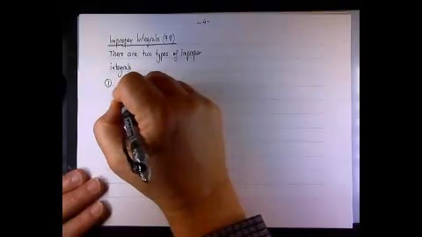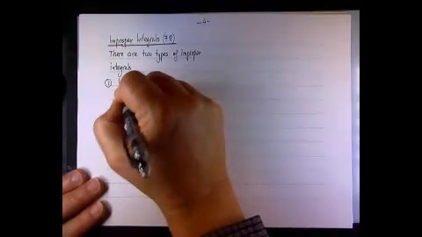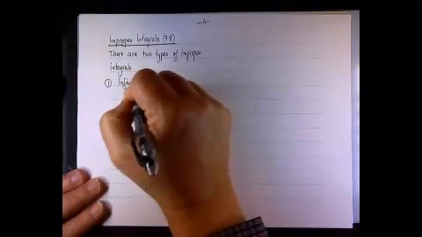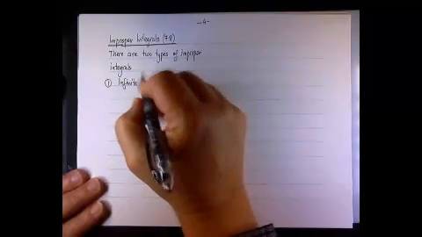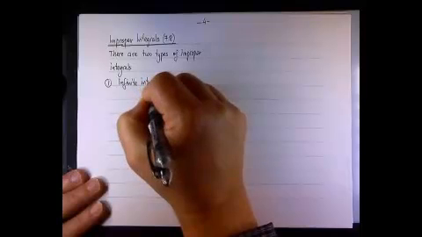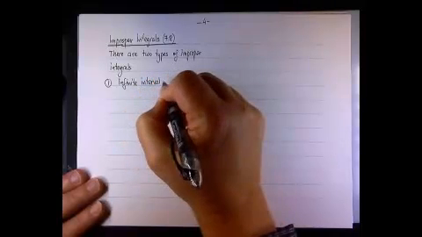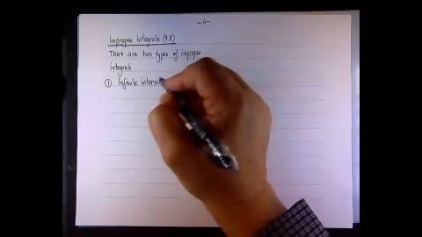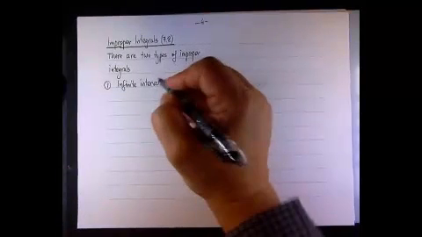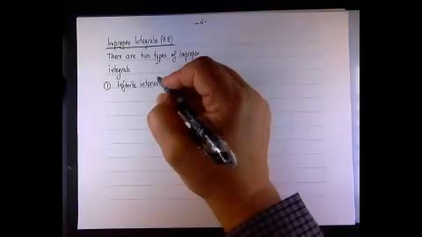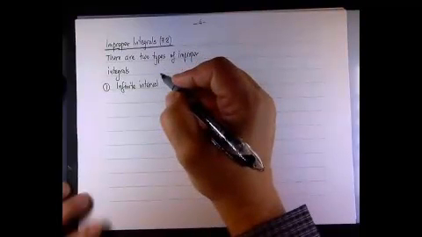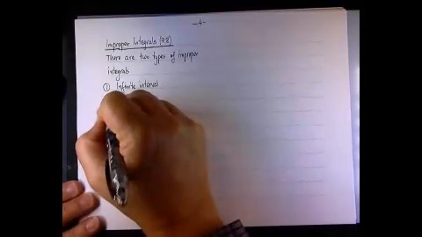Type 1 is the one that has infinite intervals, or infinity in their intervals. For instance, the interval from 1 to infinity, or the interval from negative infinity to 3. So one or both boundaries of the interval is infinity.